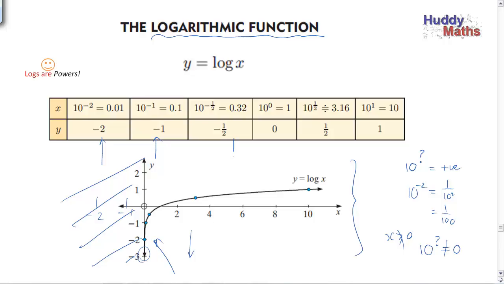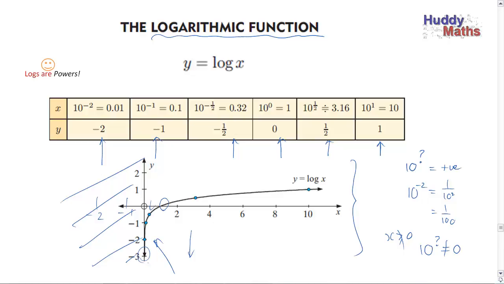Okay, so here, let's have a look at some of these and see if we can plot them. So we know x can't be 0, but as you come up here, where will it cross the x-axis? Well, it crosses the x-axis when y is 0, and what value would that be?